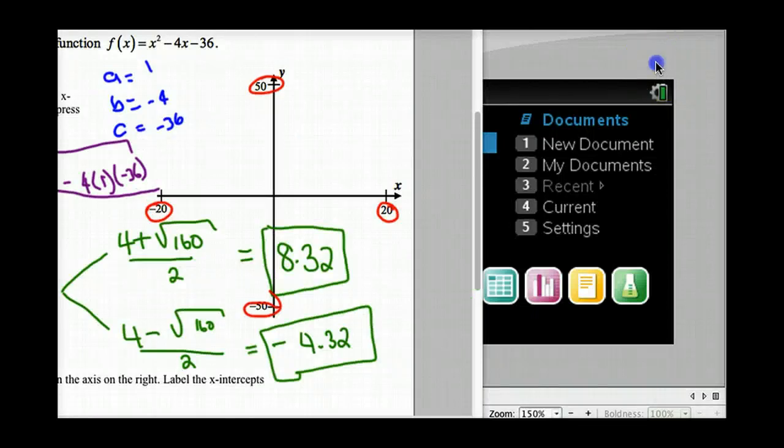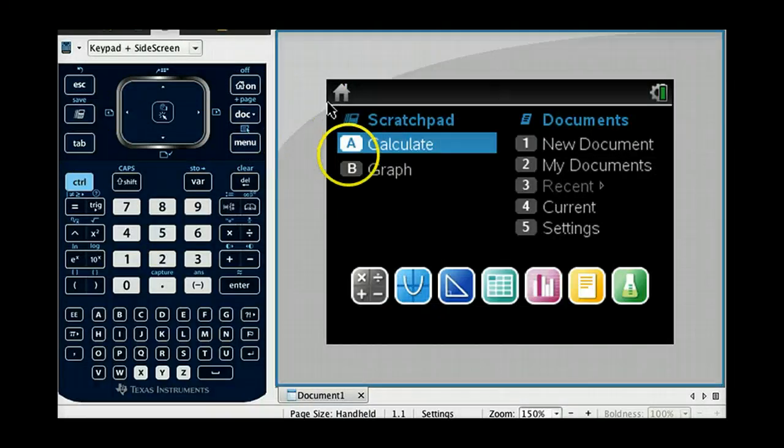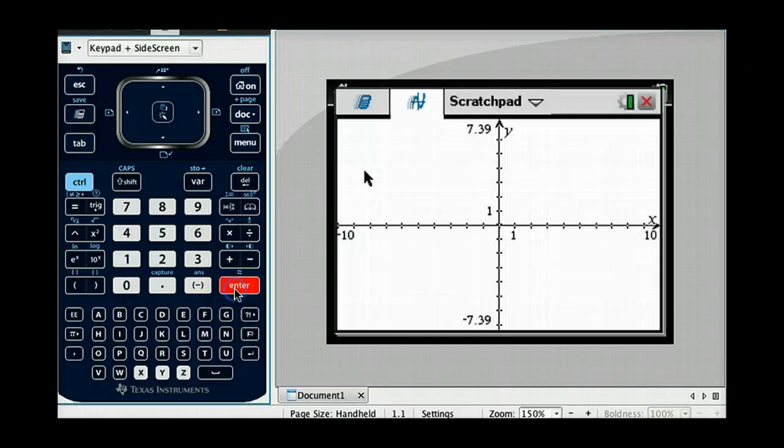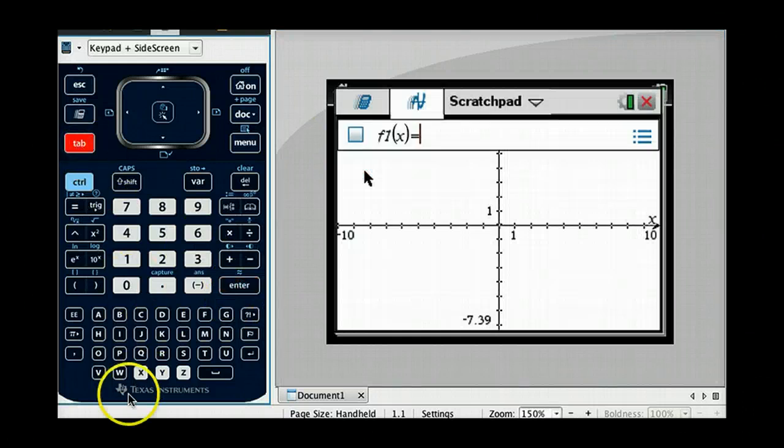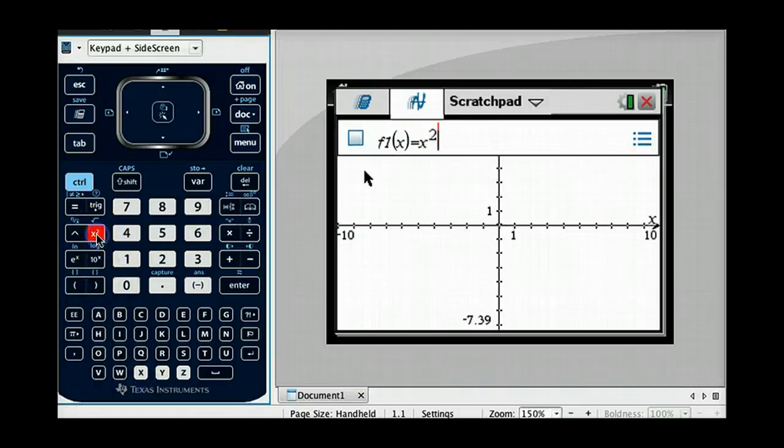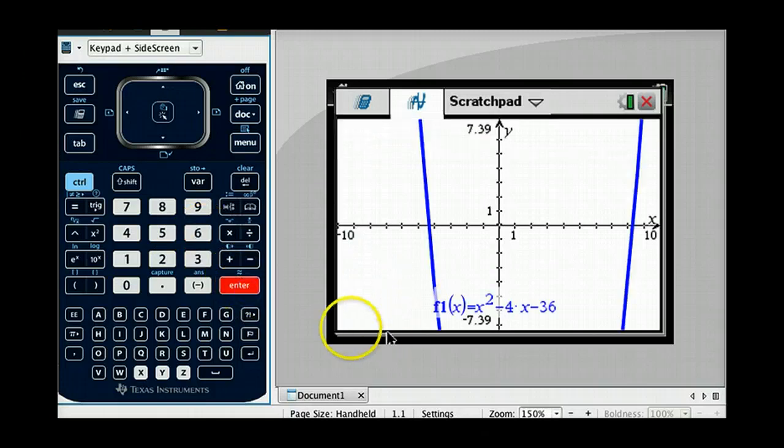So here's my calculator, and I want to go to graph. Hit enter, and I want to enter x squared minus 4x minus 36. If I hit enter, I see the x-intercept, but I don't see the entire graph to sketch it.